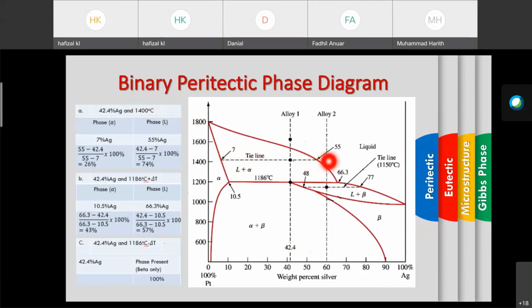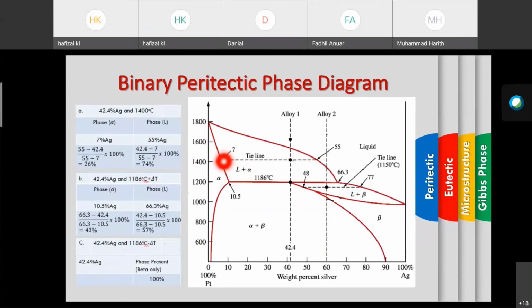We have two intersection points, so we have the alpha point here and also the L point here. We make a projection and intersection at the axis, and then we get the value. In this case, the value is already given.